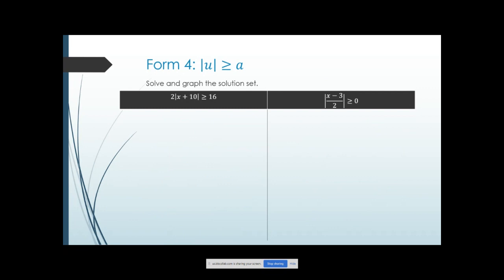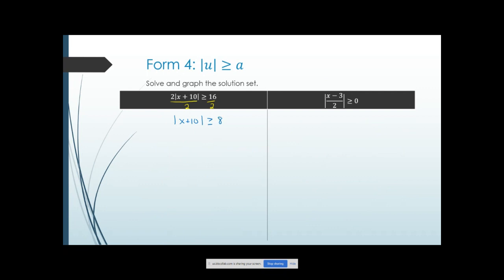It's not a parenthesis. You can't distribute through there. It does not work that way. So what we need to do is divide both sides by 2 first in order to get the absolute value by itself. So that gives us the absolute value of x plus 10 is greater than or equal to 8.